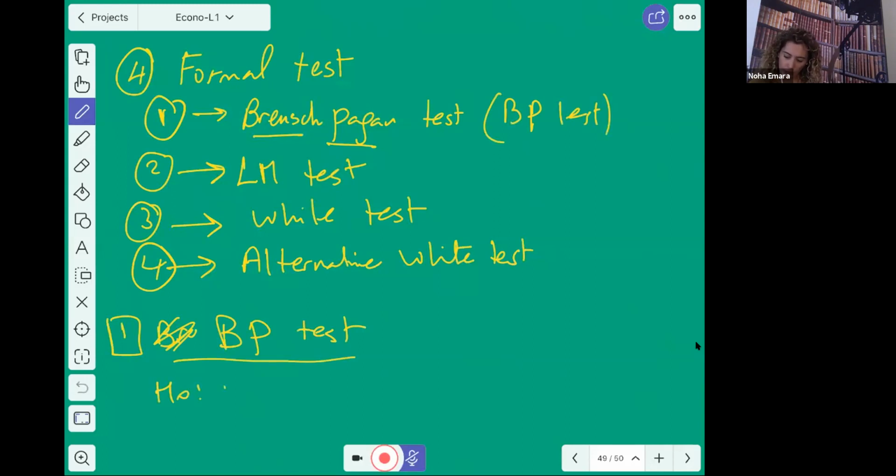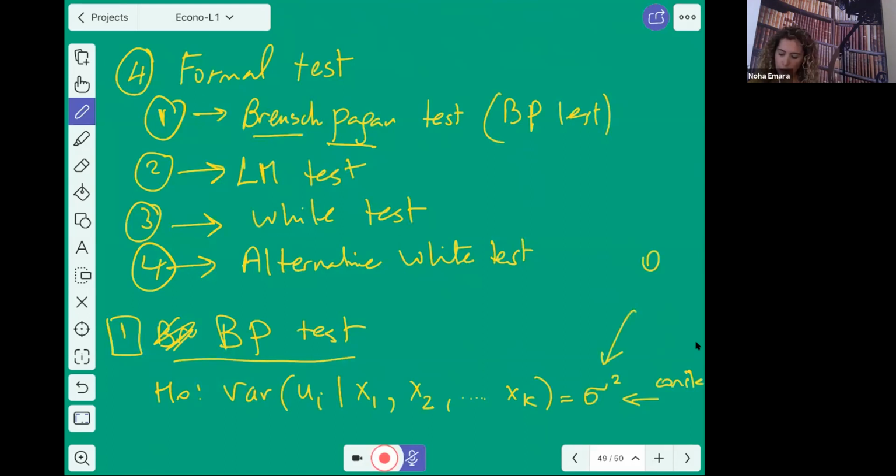The BP test has this null hypothesis, which says that the variance of the error term given x1, x2, up to xk is equal to sigma square, or constant. By default, this is the null.